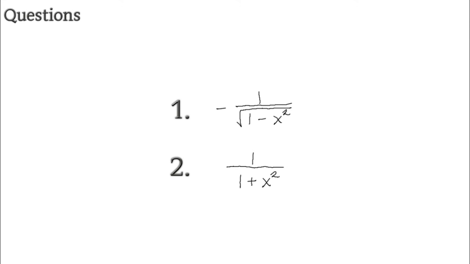For arc tan, however, you need to use the trigonometric identity where I think it's 1 plus x squared equals 1 plus tangent squared equals sec squared.